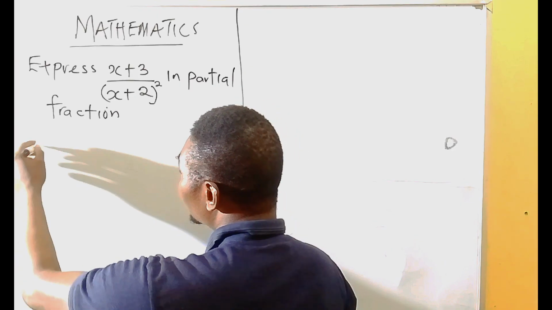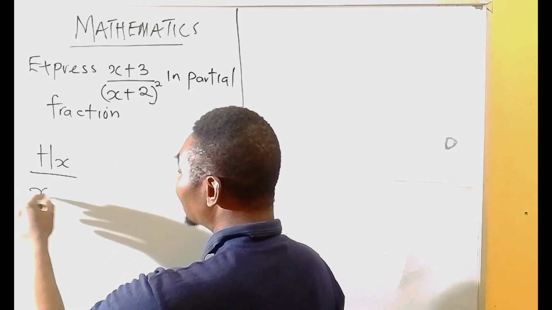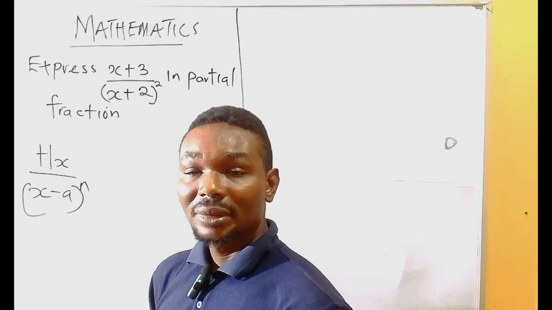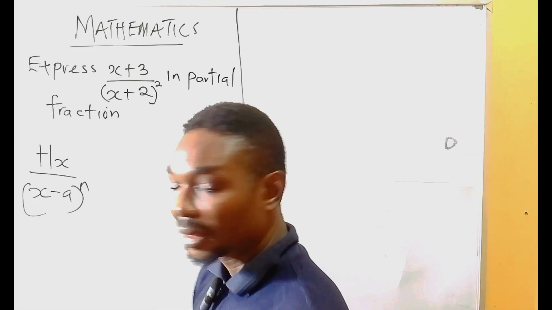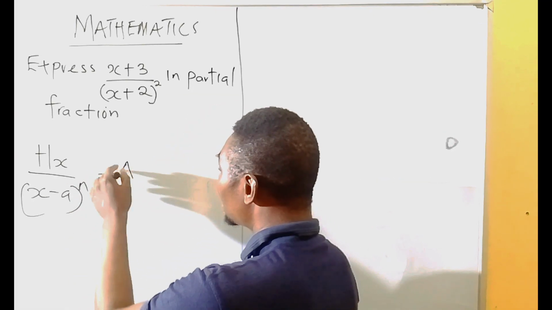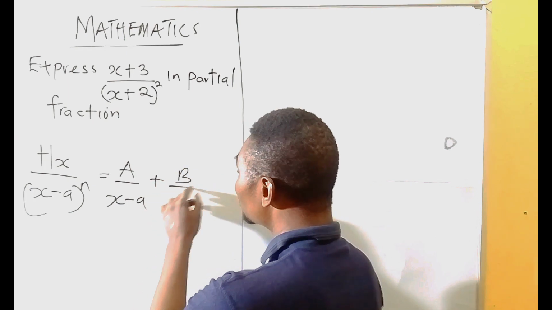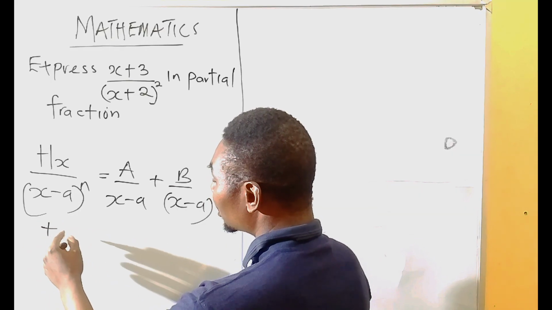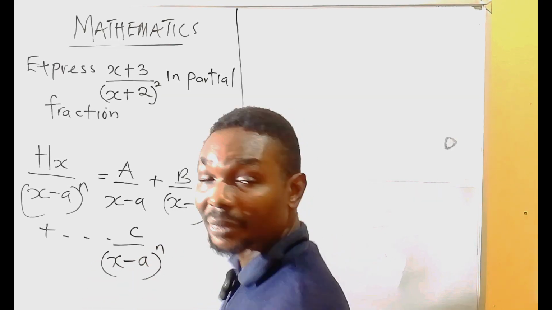If I have a fraction of the form h of x over (x minus a) raised to the power of n, where h of x is a polynomial in which the degree is less than that of the denominator, then the partial fraction is equal to A over (x minus a) plus B over (x minus a) plus ... plus C over (x minus a) raised to the power of n.